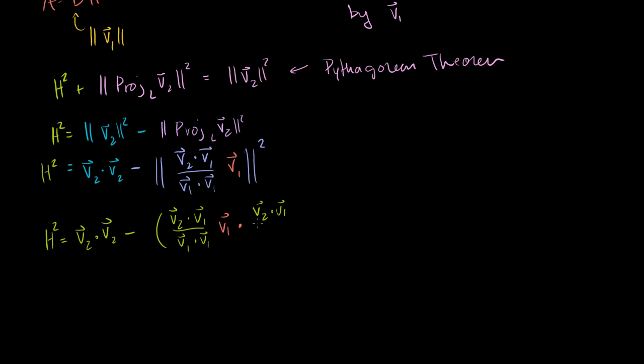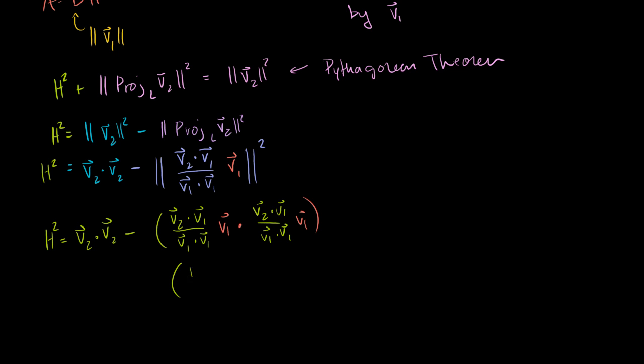Remember, this green part is just a number. And what is this equal to? Let's simplify this. These are just scalar quantities, and we saw that the dot product is associative with respect to scalar quantities, so we can just change the order here. So this is going to be equal to the scalar quantity times itself.